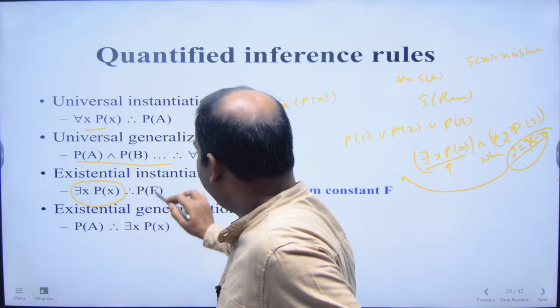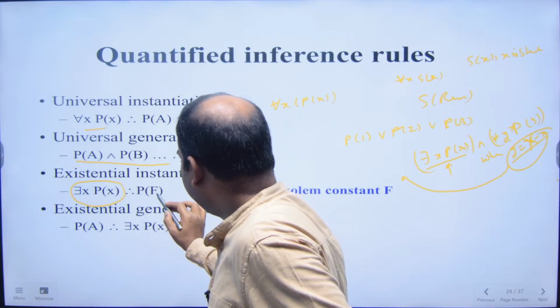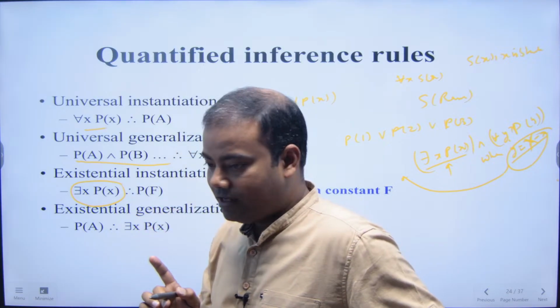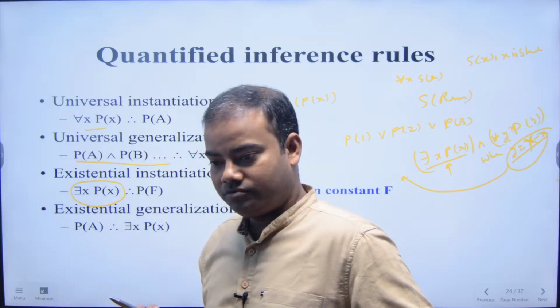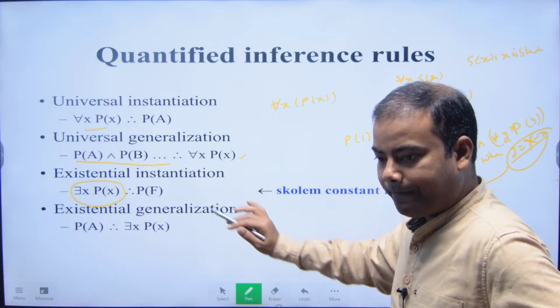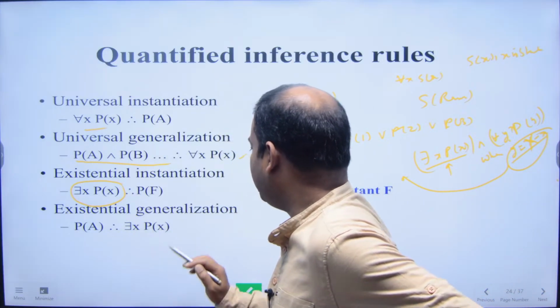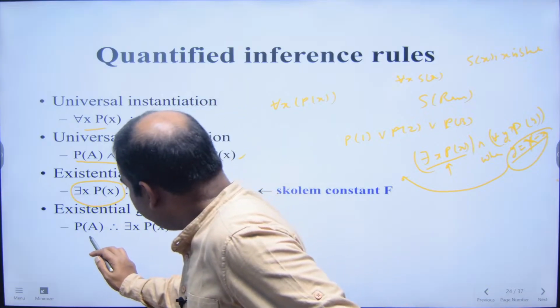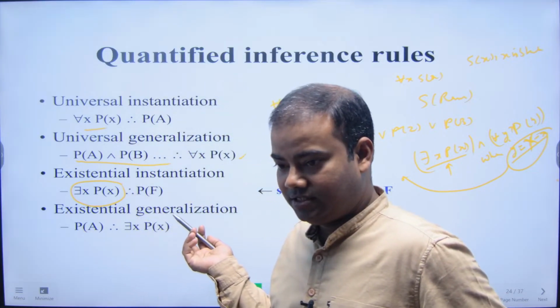P(a) and P(f) differ just in nomenclature, but here for at least one f it is true, so we can put some f for which it is true. We'll see later how it is used. Existential generalization is easy. If it is true for one x, then you can say there exists x P(x).